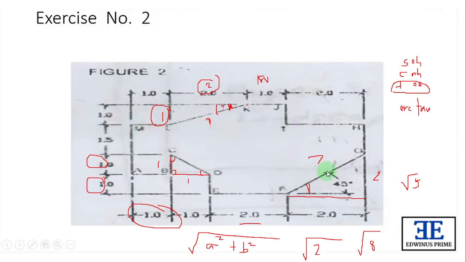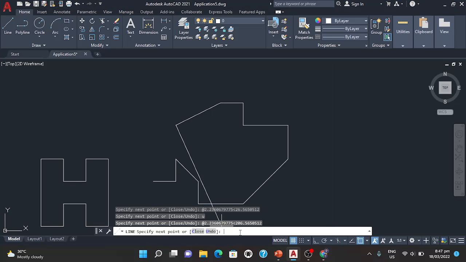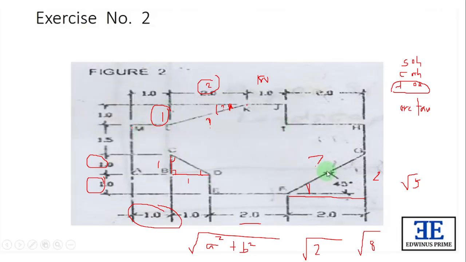Okay, point L to point M. Let's move forward. We have a line equivalent to 1. If it is going to the left, automatically the angle would be 180, so 1 angle 180, and click enter. For the final point, we have point M to point A, which has a distance of 1.5 plus 1, equivalent to 2.5.